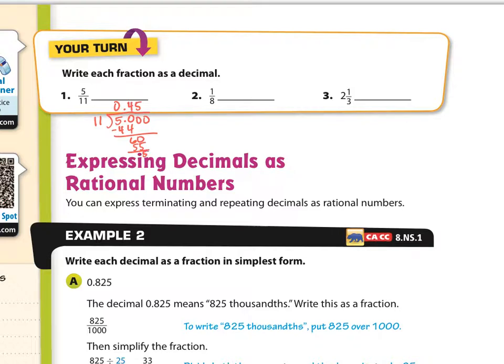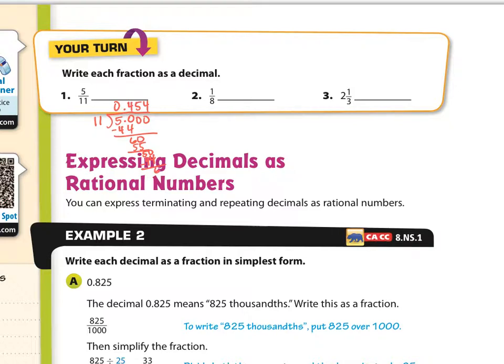And I get a remainder of 5. Bring down a 0. 11 goes into 50 4 times. And that gets me 44, subtract, you get 6. And then it's going to repeat.